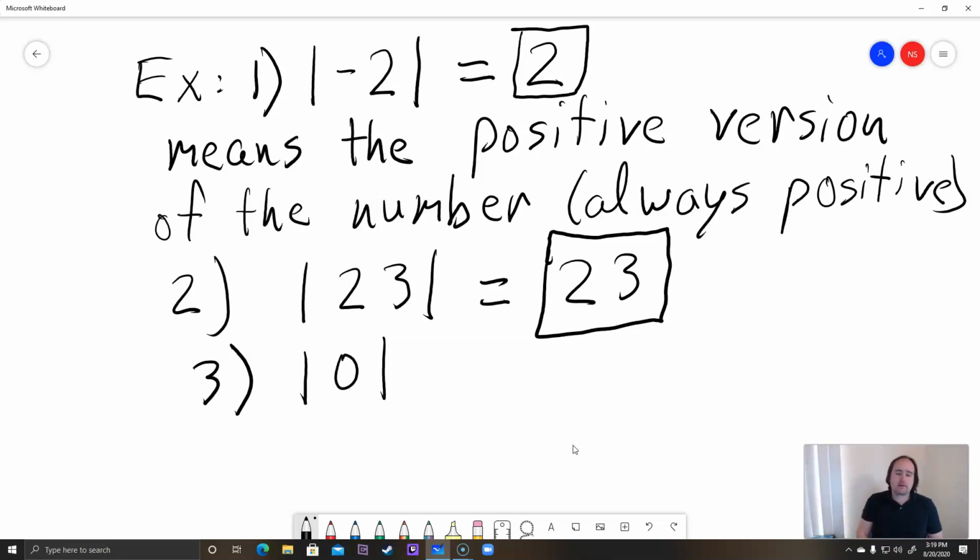The answer to that question is 0 is actually neither positive nor negative. So the absolute value of 0 is just going to still be 0. Okay, it's neither positive nor negative, but because you can't write a plus in front of 0 or a minus in front of 0, the absolute value of 0 is just 0.